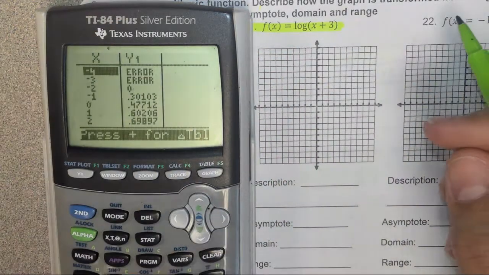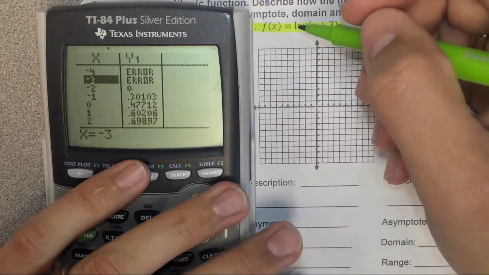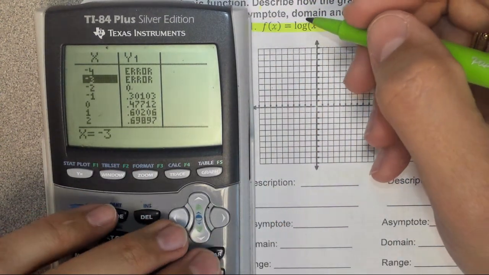Let's look at the table. Looks like there's some sort of asymptote around -3. Alright, let's start graphing these points, see what they look like.